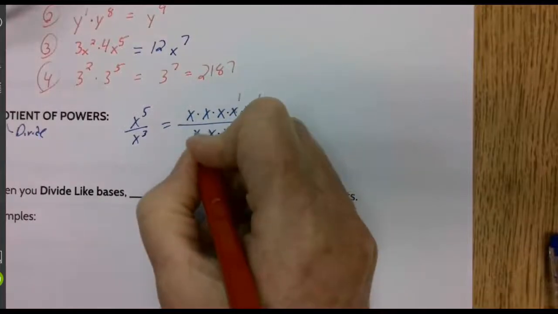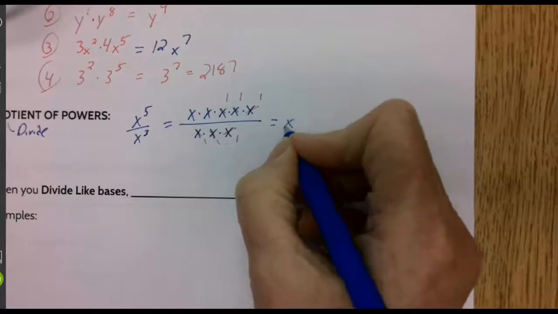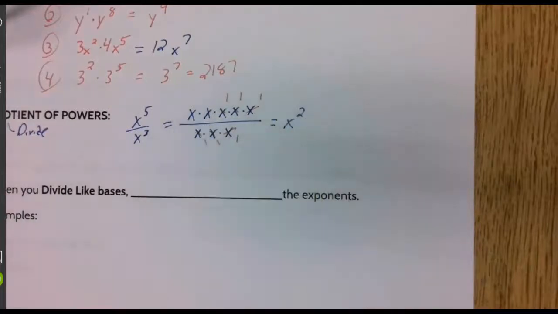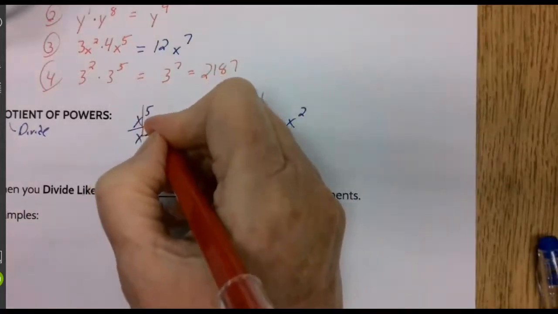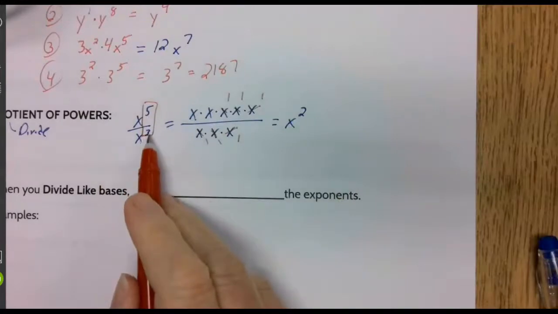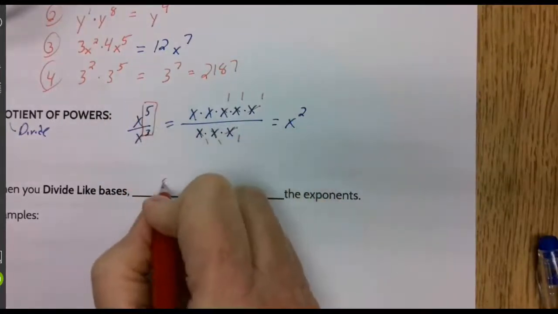They divide out to 1. So what I have left is x to the 2nd power because I have 2 x's. So now, once again, look at these numbers, 5 and 3. What did I do with 5 and 3 in order to get 2? Hopefully you said subtract.